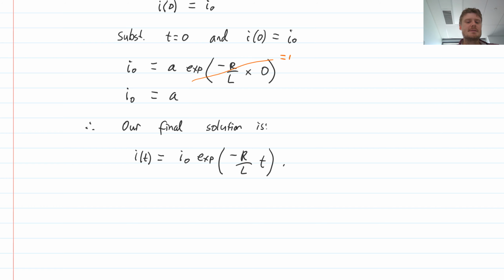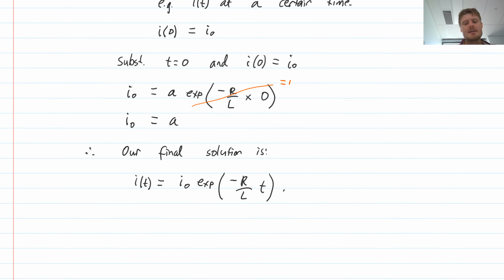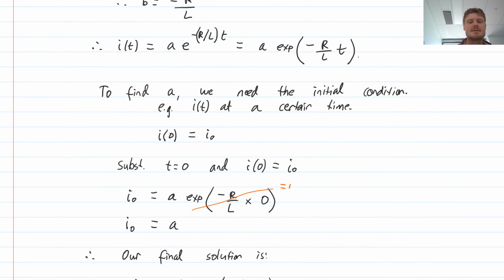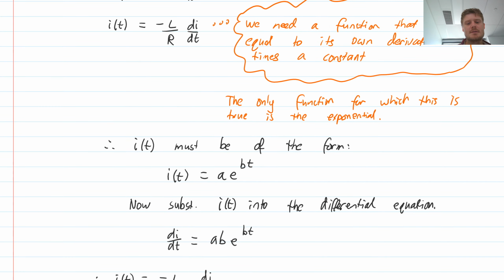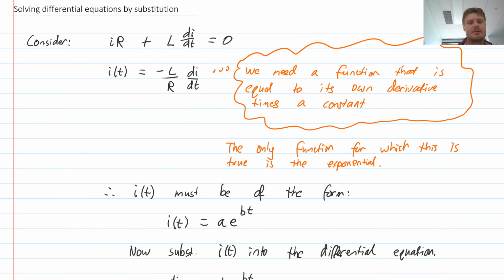This equation satisfies our differential equation. You could take this solution and substitute it back into our differential equation, simplify, and you will end up with just I naught. That's how you can check your working.